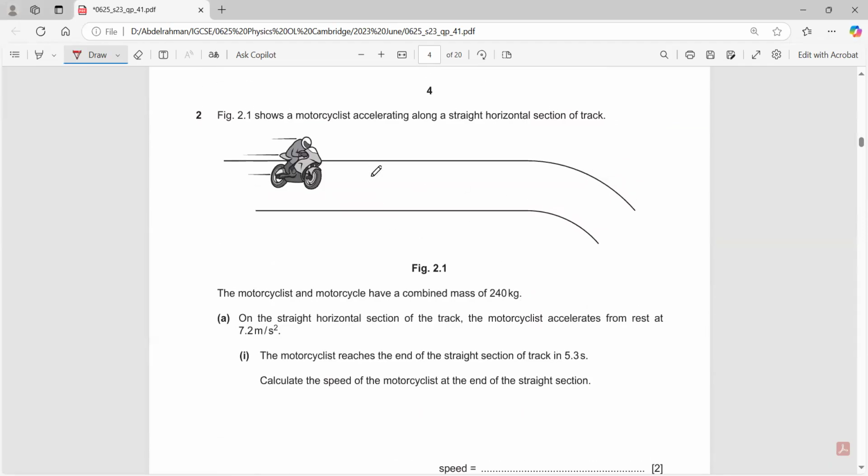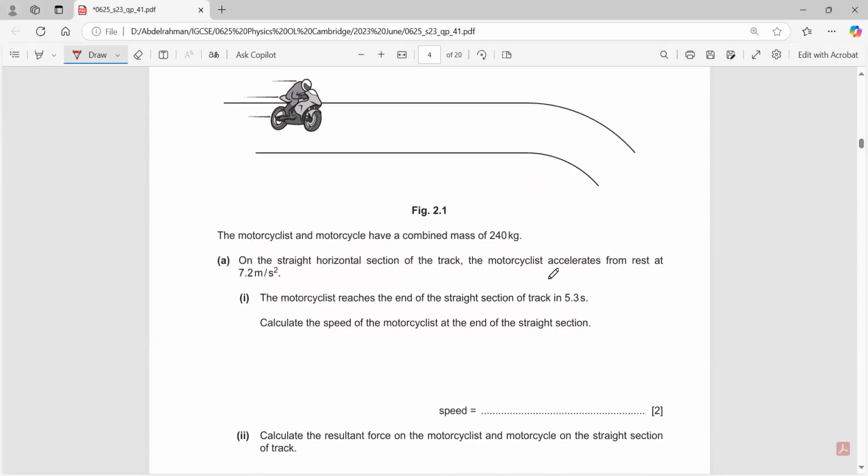Motorcyclist accelerating. Can I find the speed at the end of the straight section? He has an acceleration of 7.2. He accelerates from rest, meaning that u is 0, and the time is 5.3 seconds. So can I find the final velocity? Yes, a equals v minus u over t, in which u is 0.